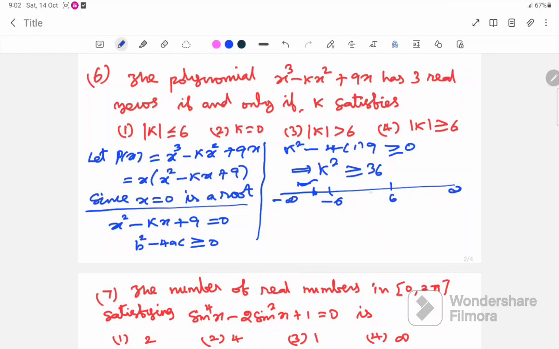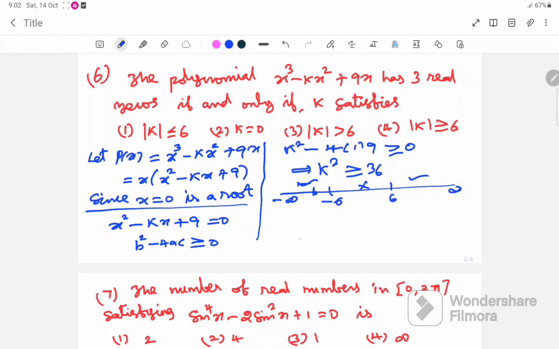If you take any number between minus 6 and plus 6, none of the points will satisfy this inequality because by chance you can take 0, put k equal to 0, 0 greater than or equal to 36, it is not correct. So here it won't be satisfied. After 6, you may take any point, it will get satisfied.